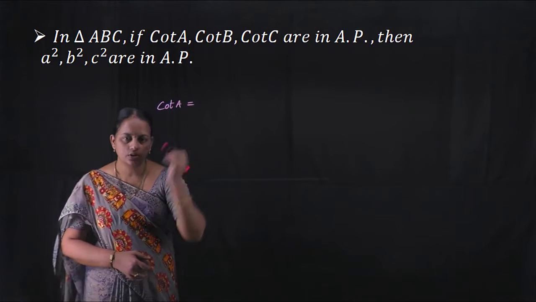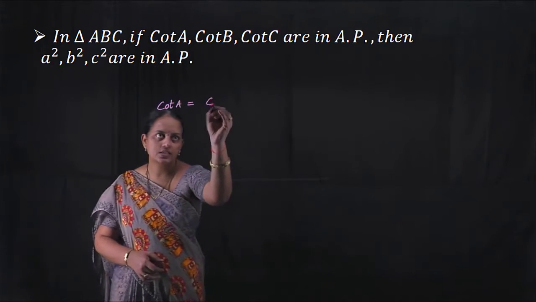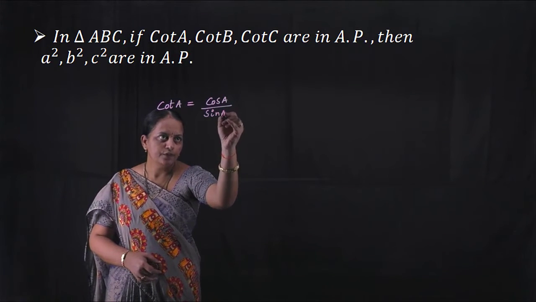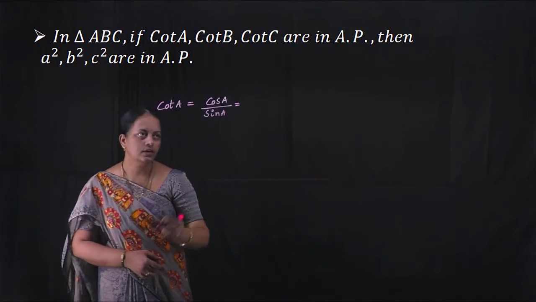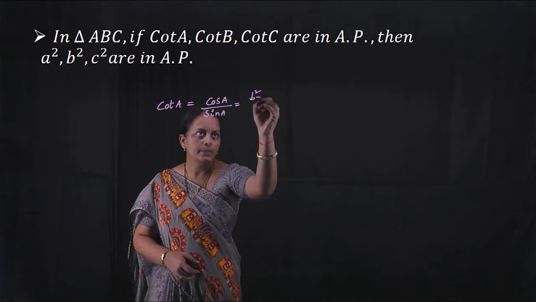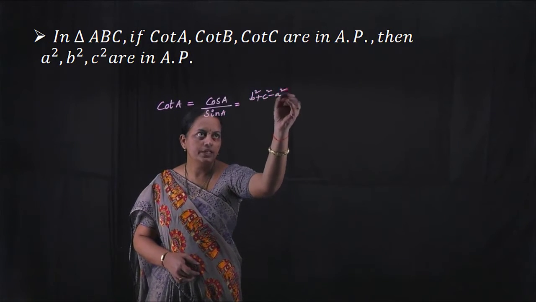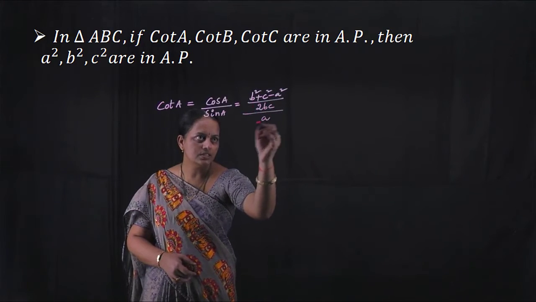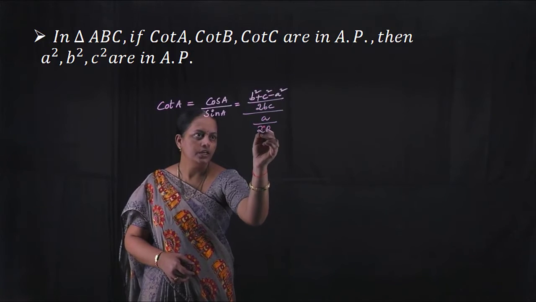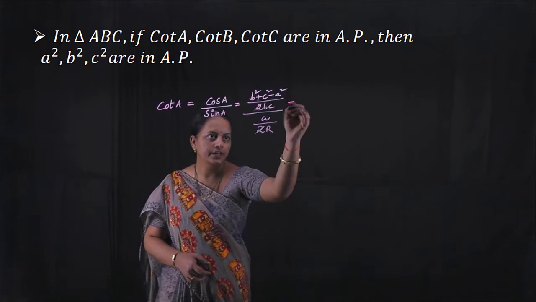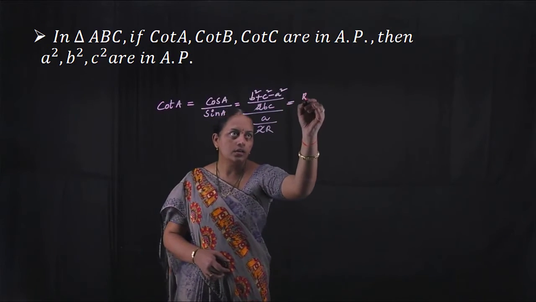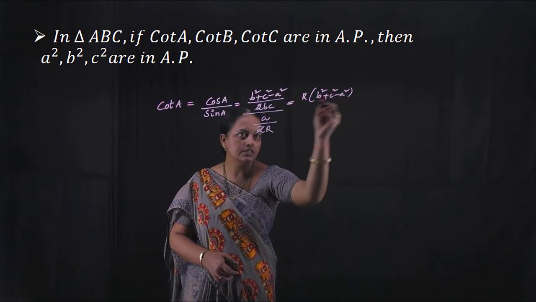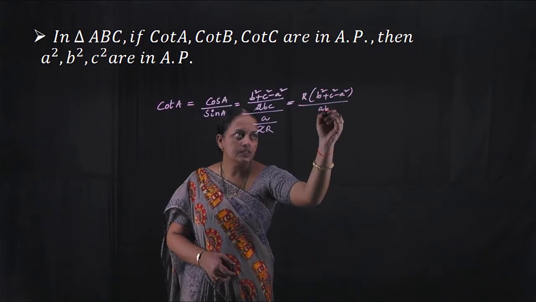Cot A can be written as cos A by sin A. From cosine rule, we know that cos A is equal to B square plus C square minus A square by 2BC, and sin A means A by 2R. Here 2 gets cancelled. It can be written as R times B square plus C square minus A square by ABC.